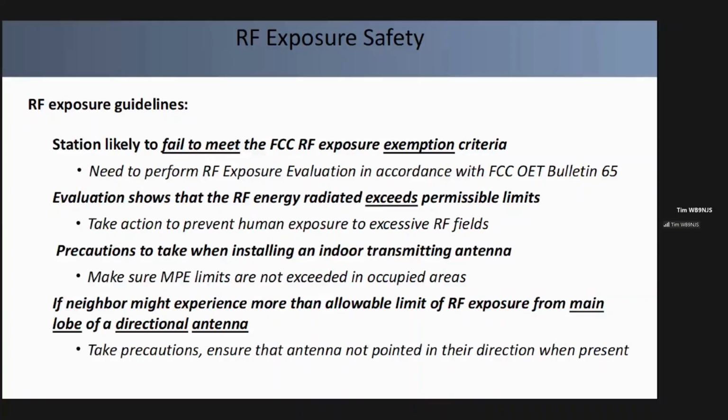Well, you need to take precautions and ensure that that antenna is not pointed in your neighbor's direction. The answer says when present. I would say when present and transmitting. If your transmitter's on and your neighbor is home, don't have that directional antenna pointed in their direction.